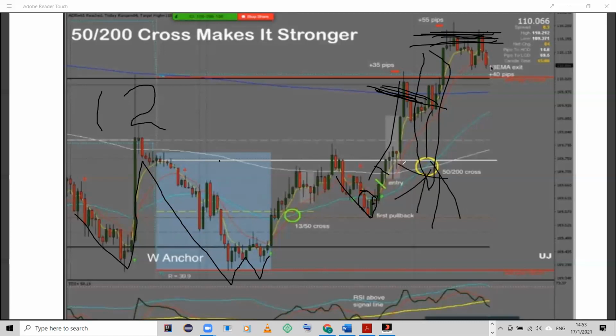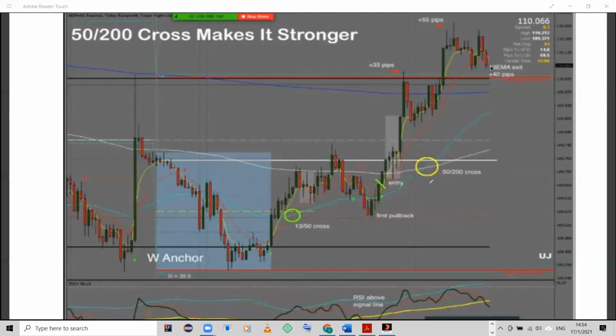If you notice this 50-200 crossover while in the trade, even with no experience, you just know that you're going the right way. And if your TP was a bit further from where you are at that moment, you can be confident that your TP will be hit for sure.